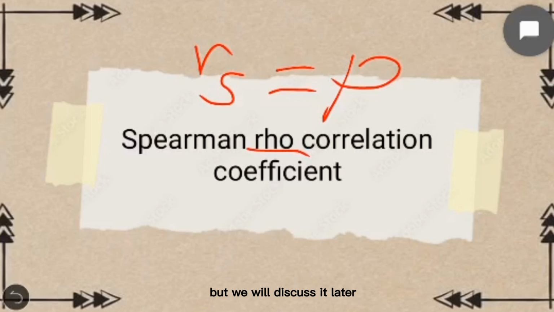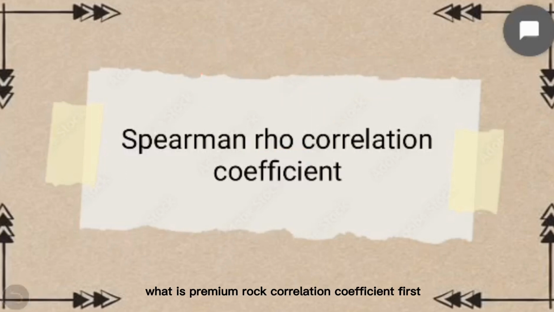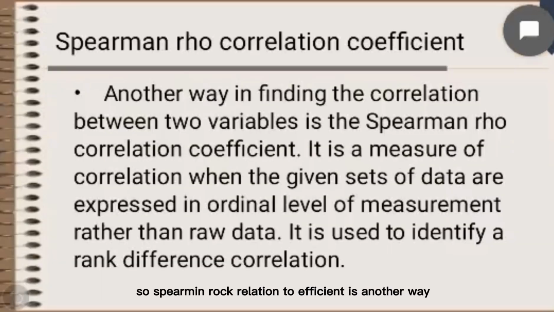But we will discuss it later because we will have to define what the Spearman-Rho correlation coefficient is first. So the Spearman-Rho correlation coefficient is another way of finding the correlation between two variables. It is another way because we have already defined what the Pearson correlation coefficient is.